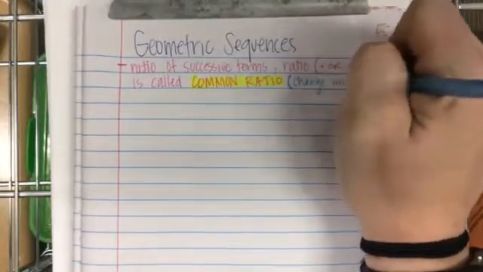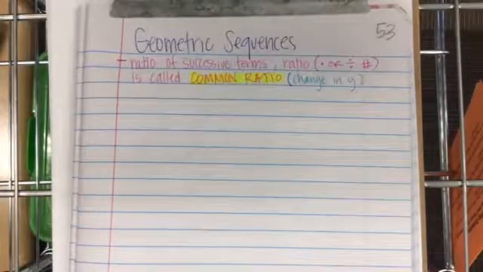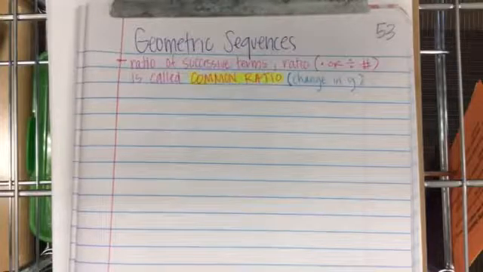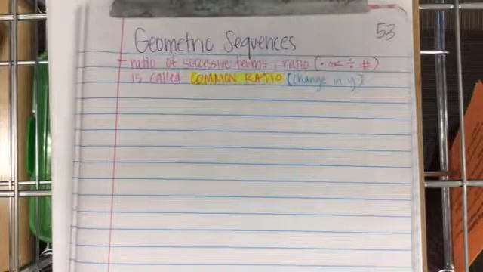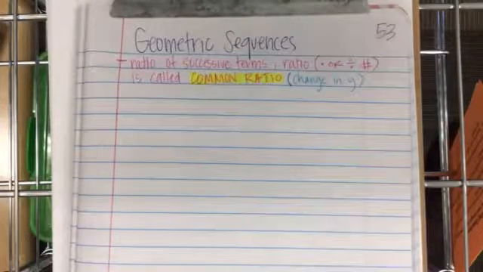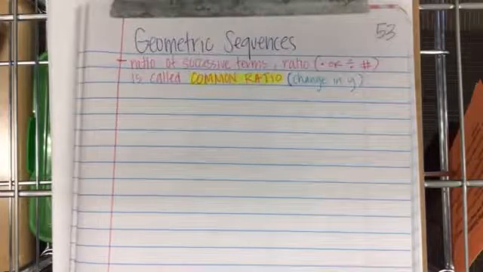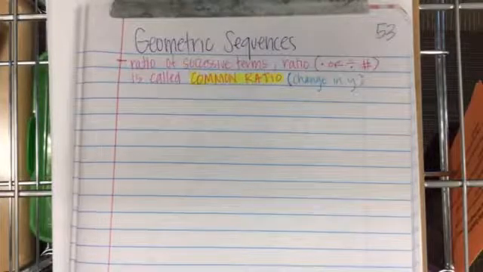Now, unfortunately, a geometric sequence is just a pattern of numbers, so it's not an ordered pair, so it's a little harder to sometimes tell.